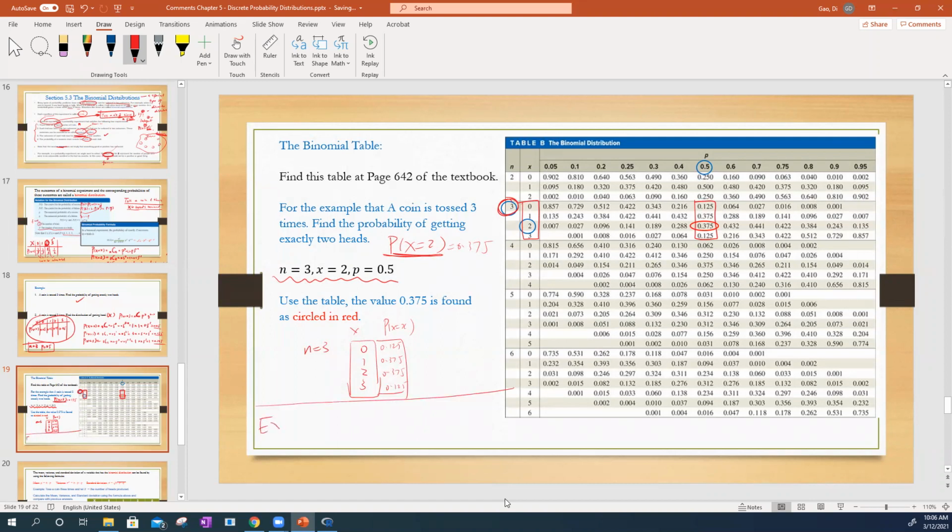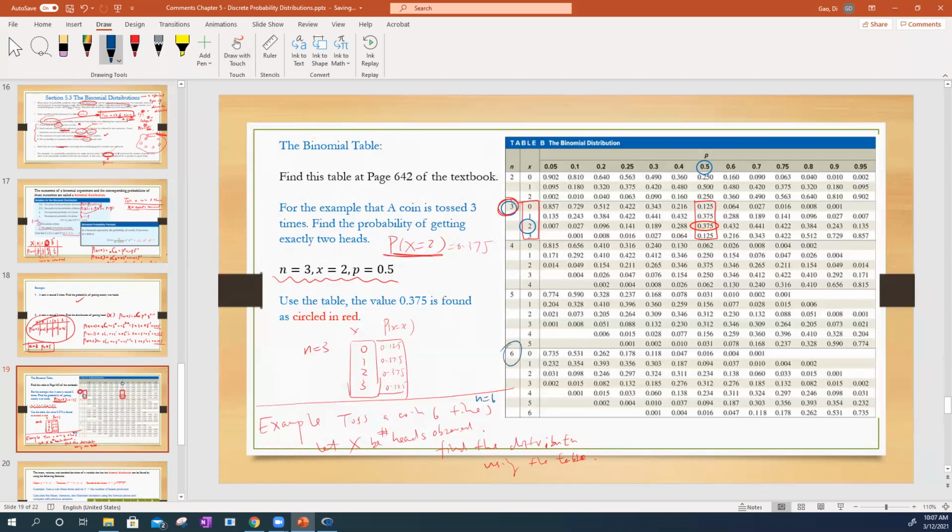That's how we use this binomial table. Okay, so let's say an example. Toss a coin 6 times. Let x be the number of heads observed. We want to find the distribution using the table. So we circle n equals 6 now.